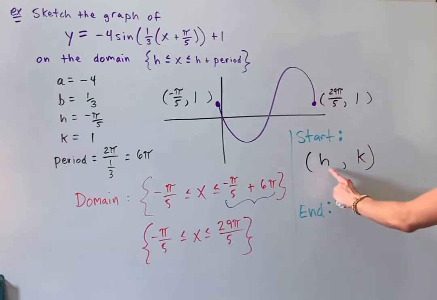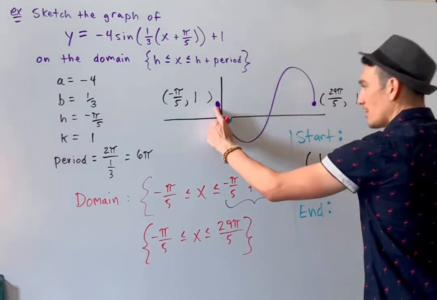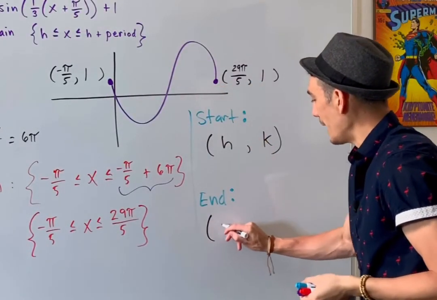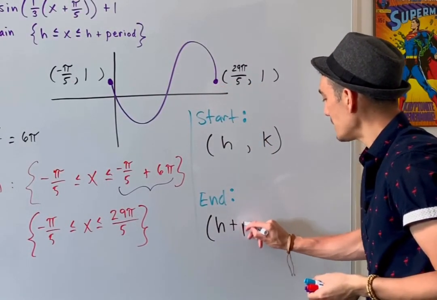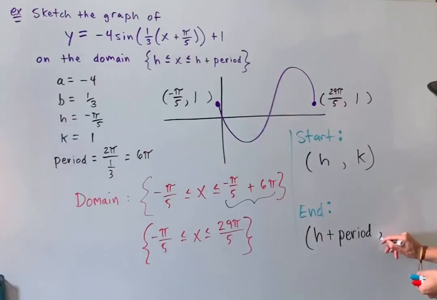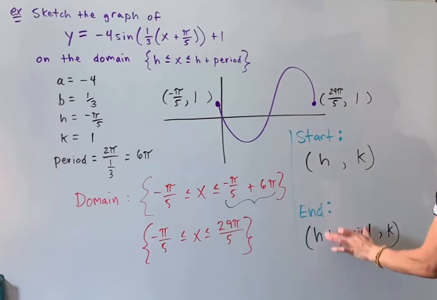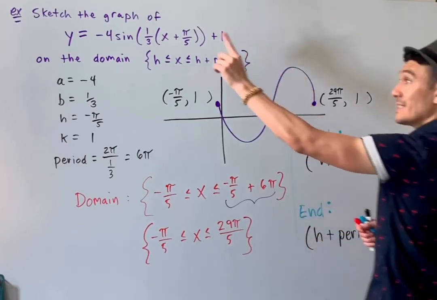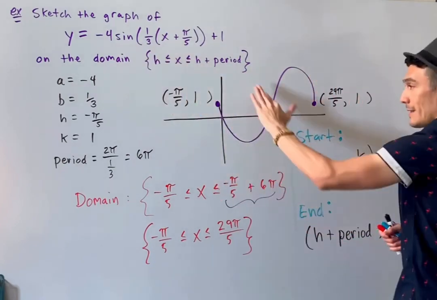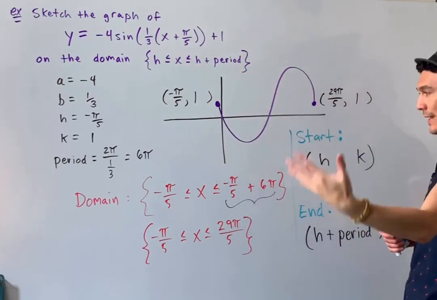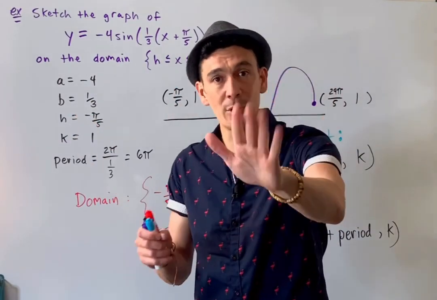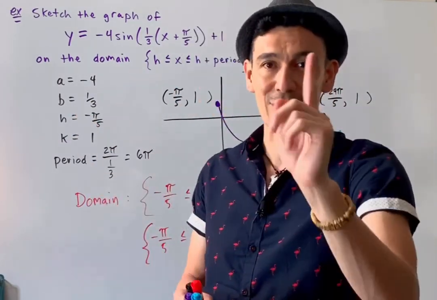That hk is where you start. Now this point where you end, it's located at h plus period, comma, k. So these are the general coordinates for the start and end points of a sine wave that has a very restricted domain. So tomorrow we will add to this and extend these concepts, but for now, try the attached exit ticket. Ready, set, go.